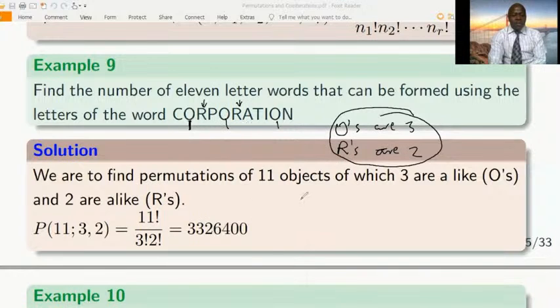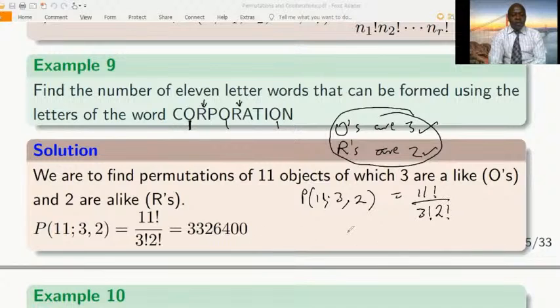So the number of permutations, therefore, of 11 objects where 3 are similar and 2 are also similar, is given by 11 factorial divided by 3 factorial times 2 factorial.